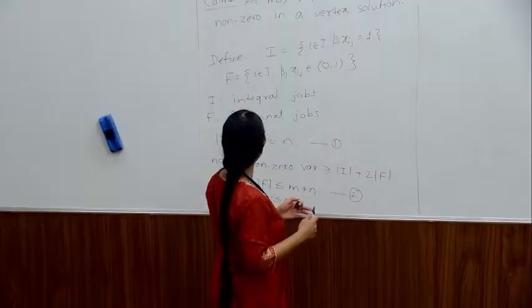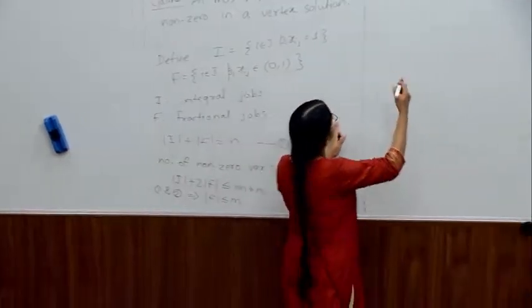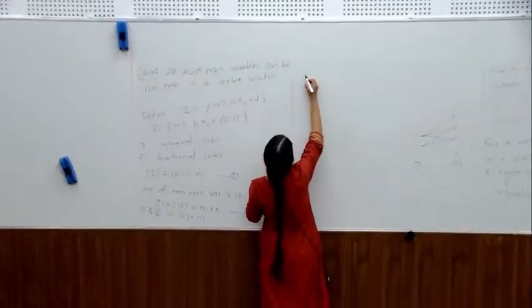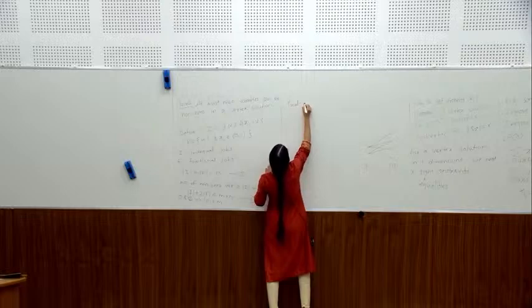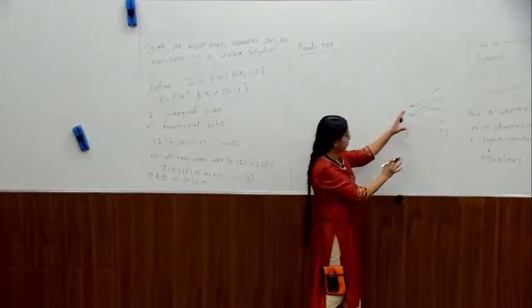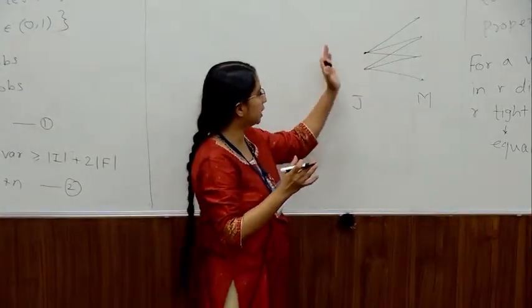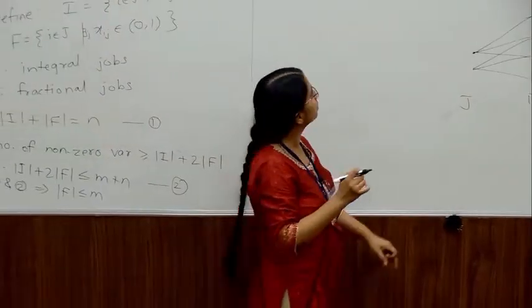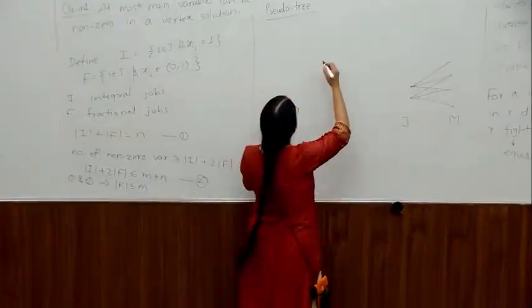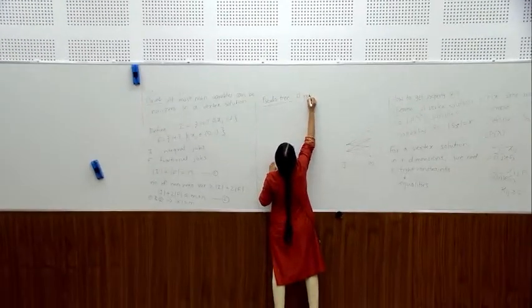So what we want to claim is that this graph is what is called a pseudo forest. Let me define pseudo tree. Basically we want to look at this graph, show that it has certain special properties, and we can always extract a matching between jobs and machines where every job gets assigned. I will define this pseudo tree for that. It's not very difficult. It is a graph with at most one cycle.